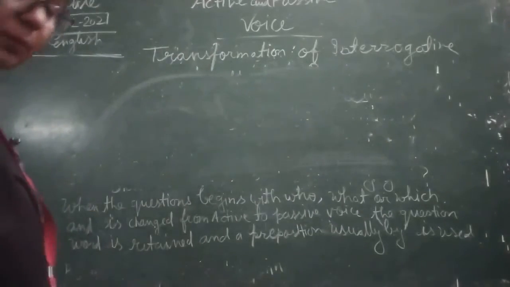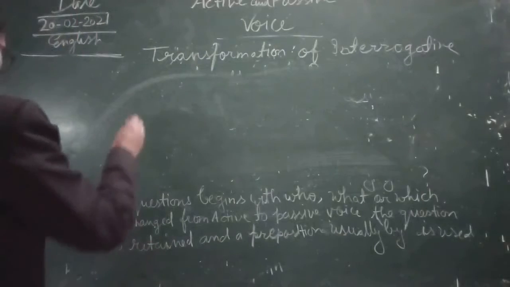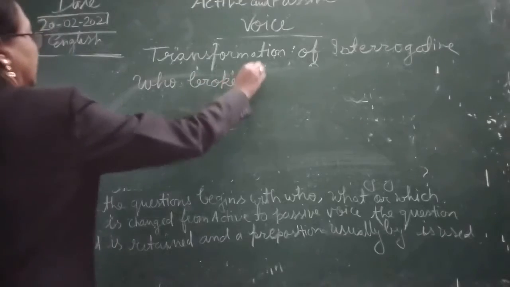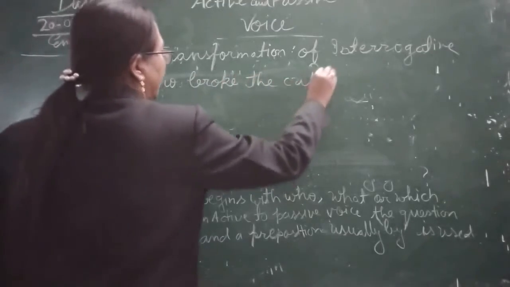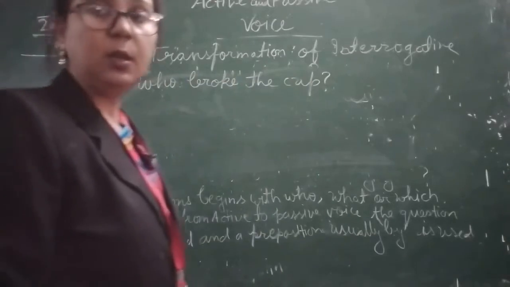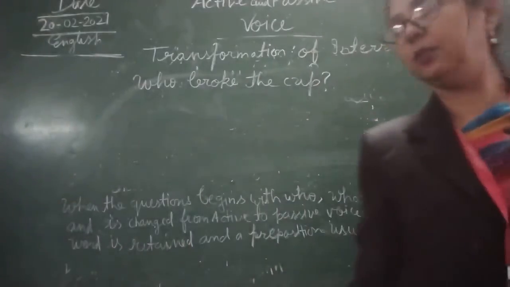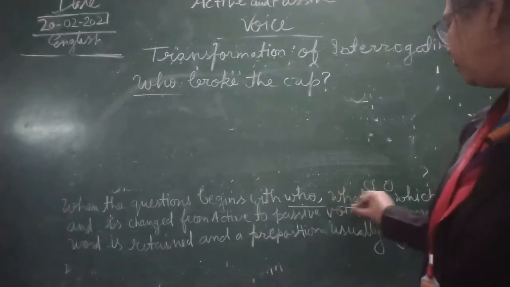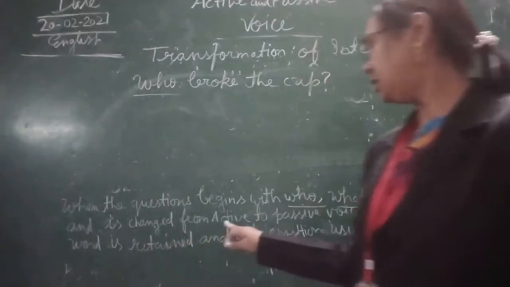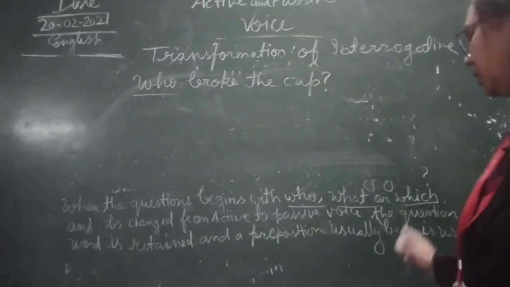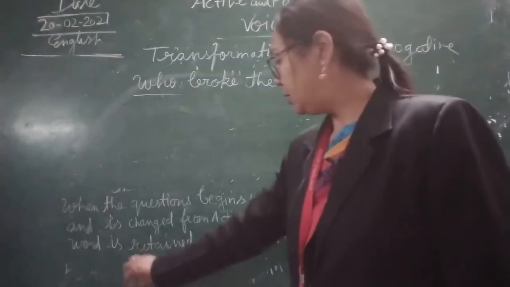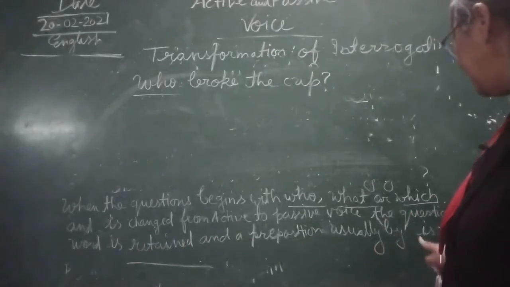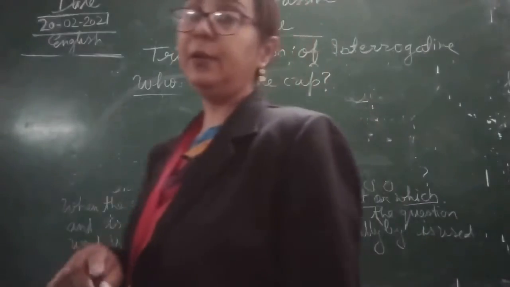Who broke the cup? Here children, you can see this is a question, and this question is started with who. Okay, now here what we have learned, who, what or which, and is changed from active to passive voice. The question word is retained. Now here you can see question word is retained and preposition usually by is used. Okay, question word will retain.